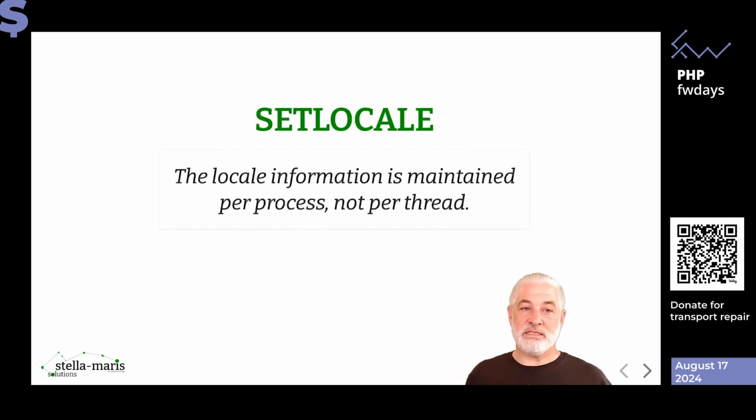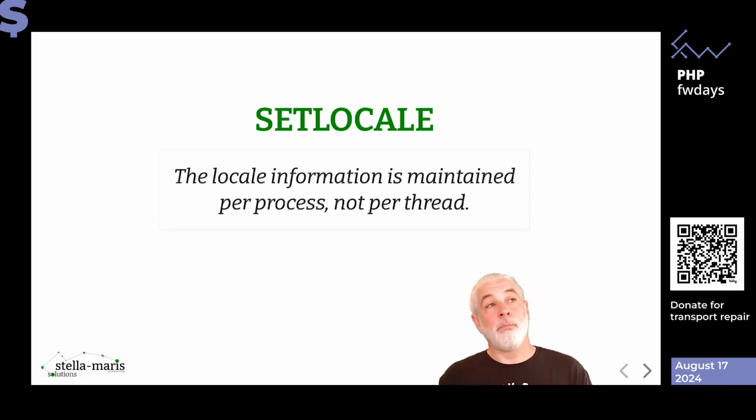setLocale sets the locale per process, not per thread. Which means if you are in a multi-threaded environment, for example, when you're using the PHP module for the Apache web server, then it might happen that you get one request for an English page, the code calls setLocale, and gettext outputs all the information based on the setLocale.